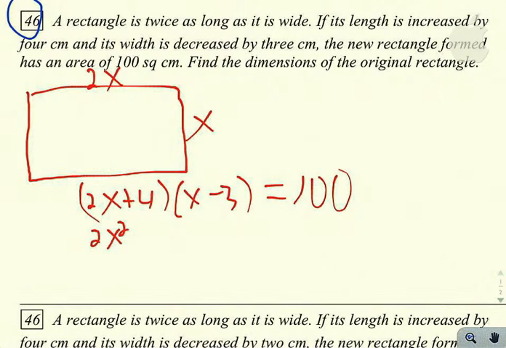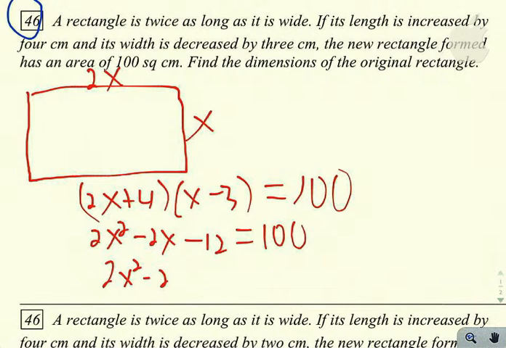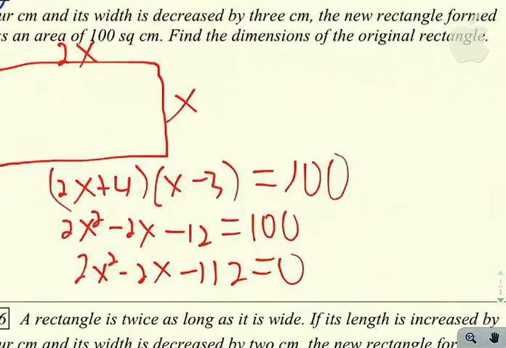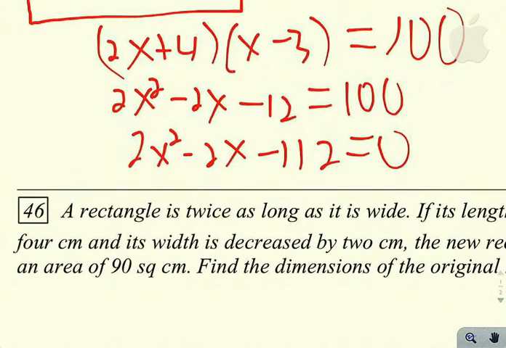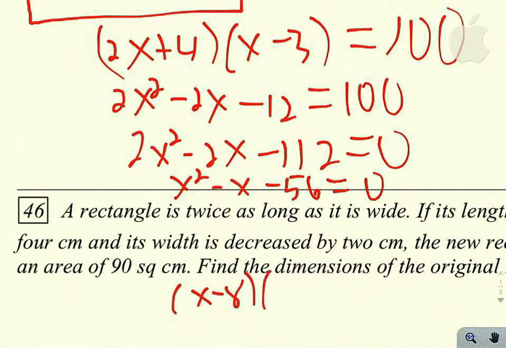Let's see, 2x squared minus 6x plus 4x is minus 2x minus 12 equals 100. Subtract 100. And then divide by 2. And you'd have x squared minus x minus 56 equals 0. And we can factor that. That'd be x minus 8 times x plus 7.